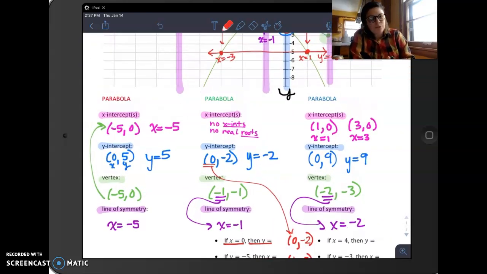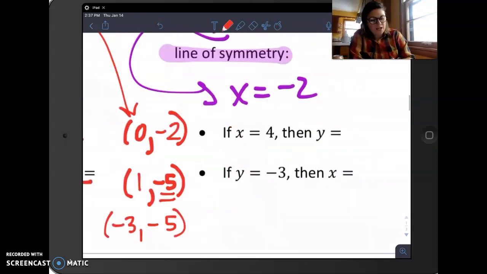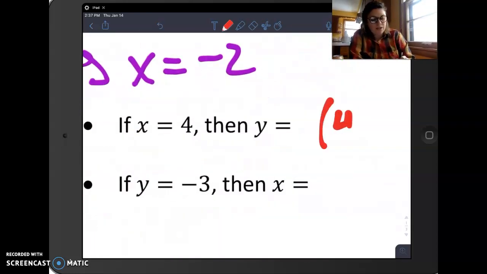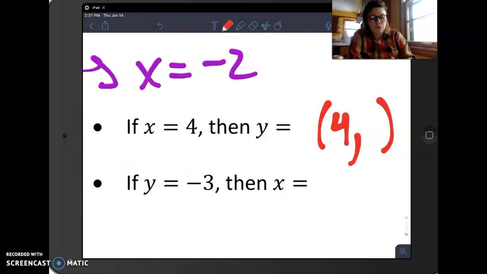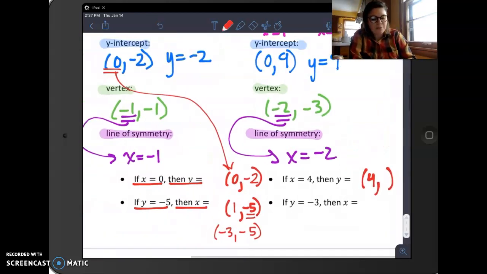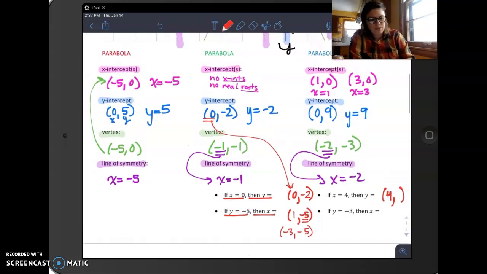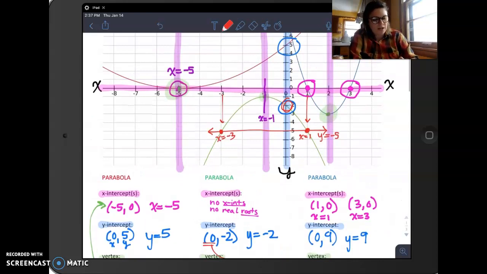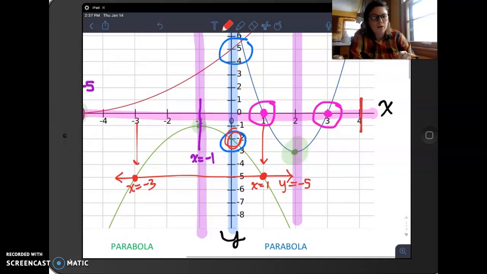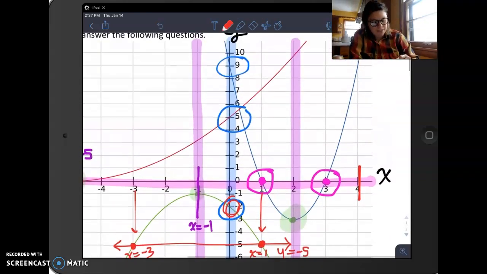So x equals 4, then y equals what? So again, we're looking for the other part of the point when x is 4. Looking back up in our other points, we don't see it anywhere. So we have to go up here and say, okay, x is 4 right here. And I can see that it crosses the parabola right here. That's when y is equal to 9.